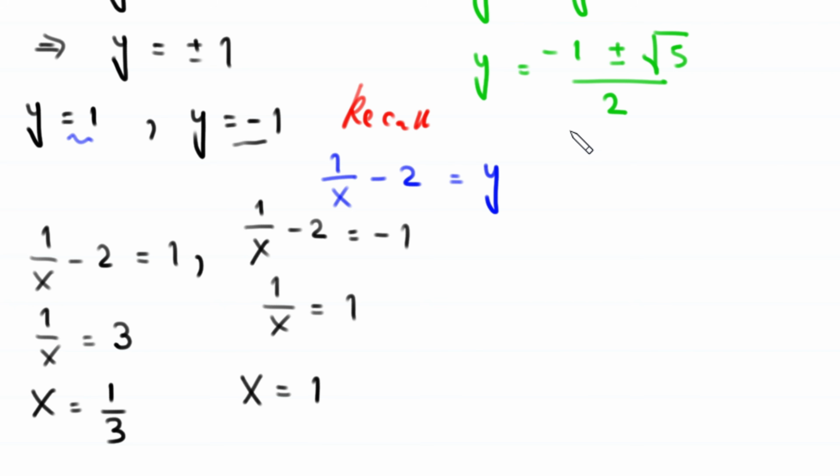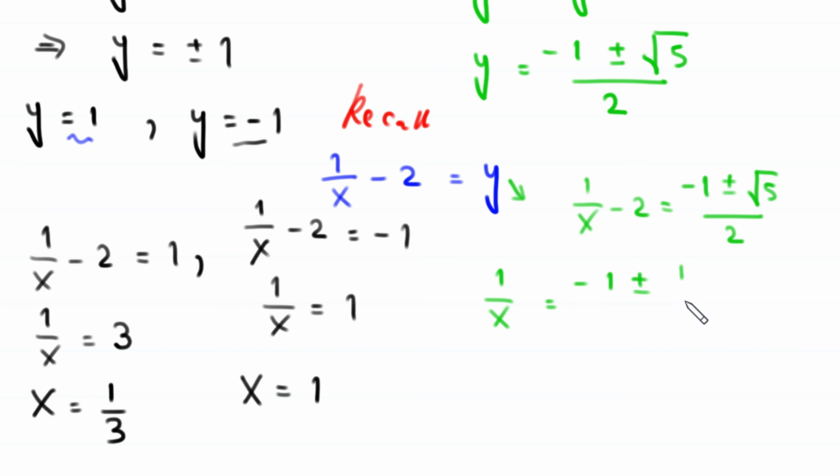Now from this case, when y is (negative 1 plus minus root 5) over 2, then this will become 1 over x minus 2 equal to (negative 1 plus minus root 5) over 2. Move this negative 2 to the right hand side. This will become 1 over x equal to (negative 1 plus minus root 5) over 2.